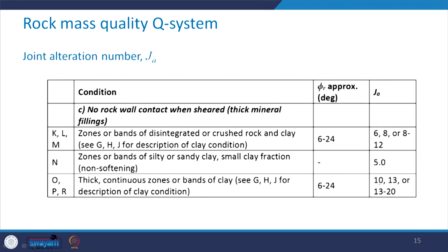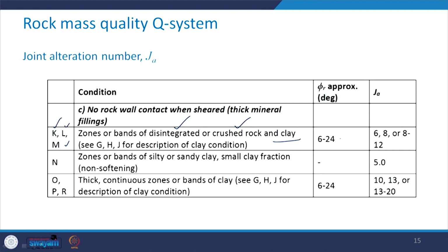Coming to the next and the last condition of the joint, that is when no rock wall contact is there, when it is sheared, and this also represents the situation with thick mineral fillings. So, in that case you have the 3 classes K, L and M. This will have zones or bands of disintegrated or crushed rock and clay.